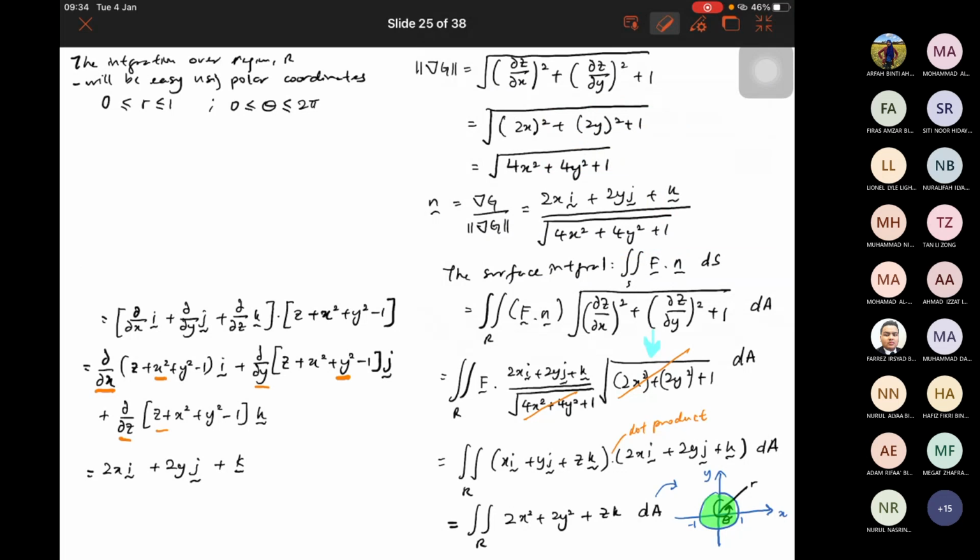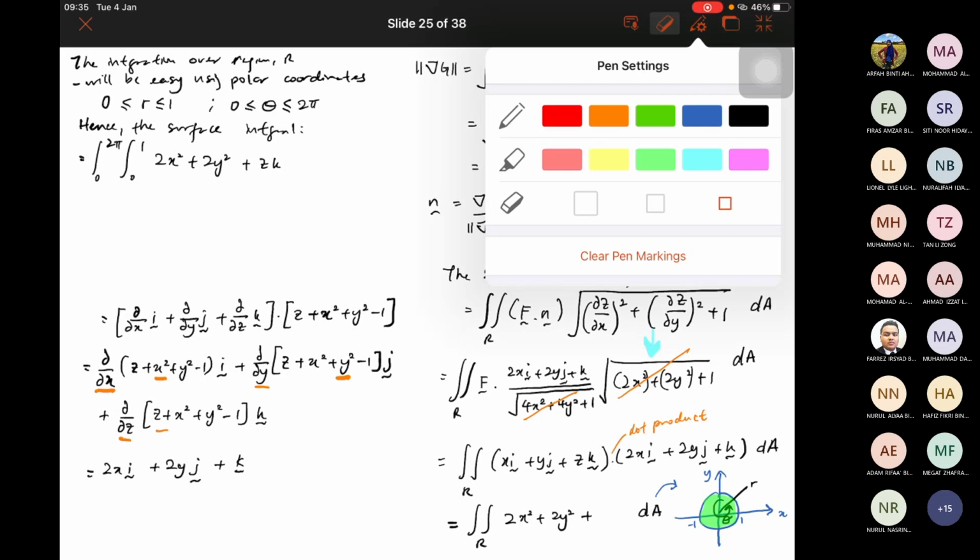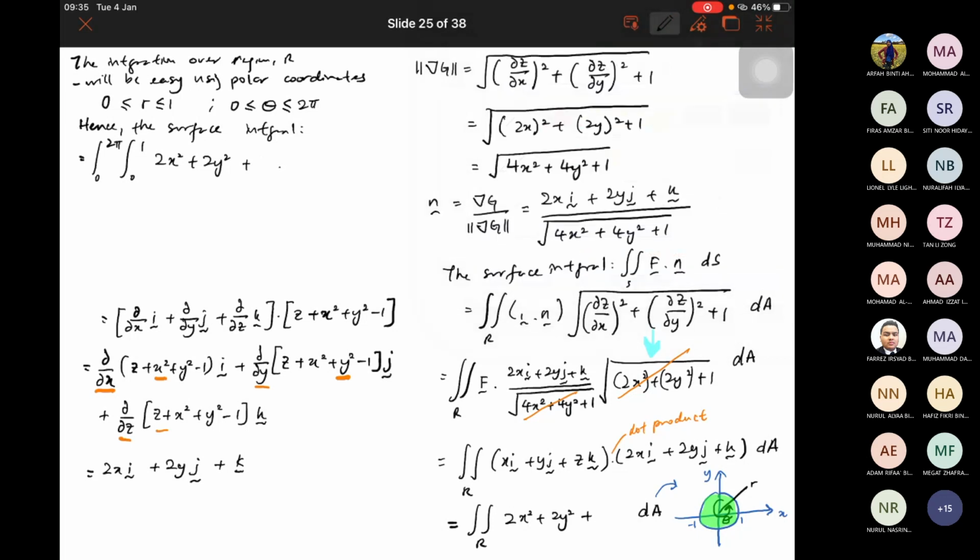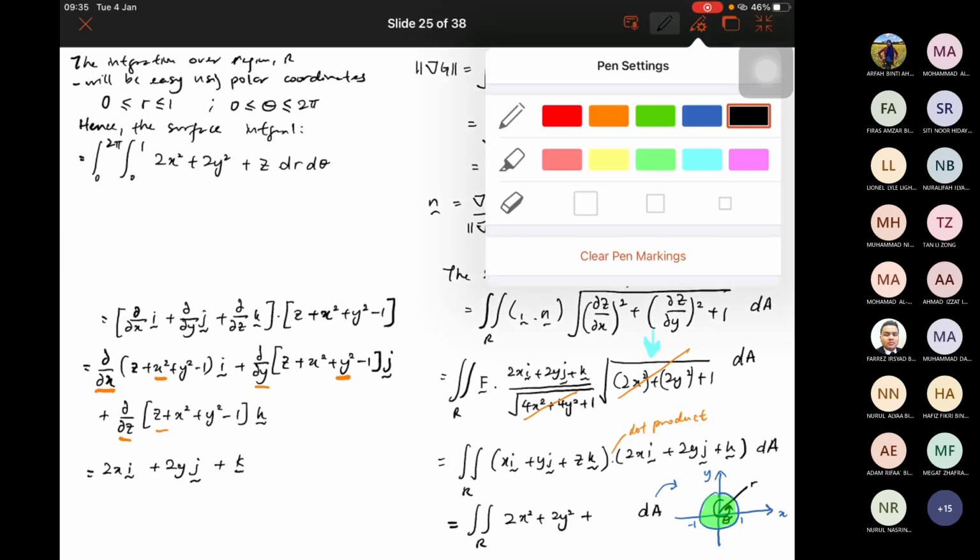So the surface integral, okay, hence the surface integral is integration daripada 0 ke 2 pi, integration 0 ke 1, 2x squared tambah 2y squared tambah z, plus z, R dr d theta.